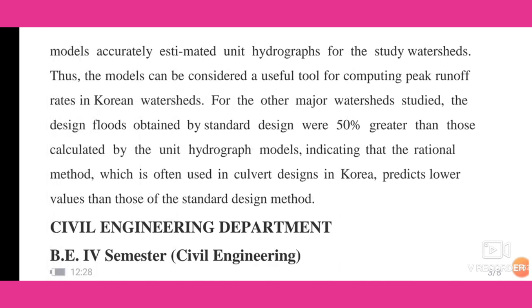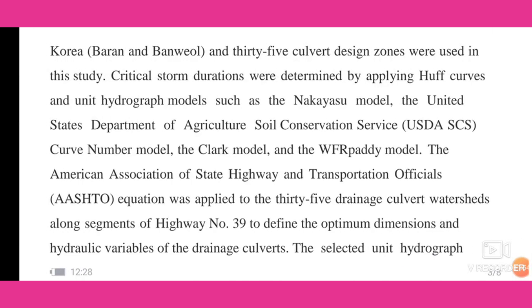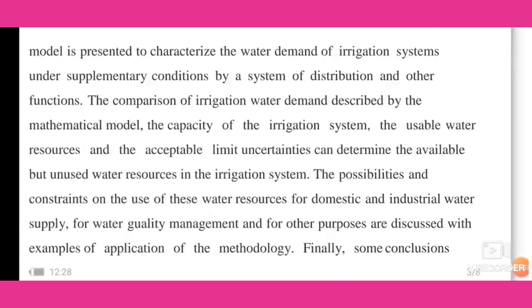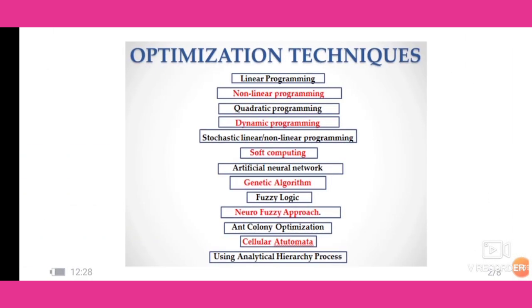So these were basically the methods and techniques which can be employed for the purpose of optimization and optimal allocation, dedicated to the water resources engineering sector only: the hydrologic, hydraulic, irrigation and hydraulic structure based sectors.